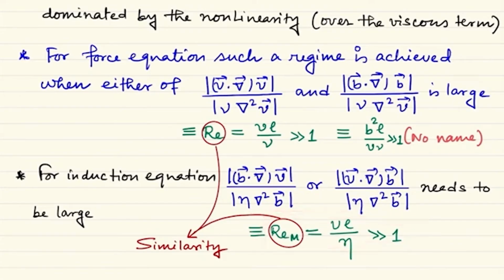Now at this point, I have to make one point. It is true that the Reynolds number and magnetic Reynolds number are introduced in our course as parameters for deciding whether a fluid flow is turbulent or not.